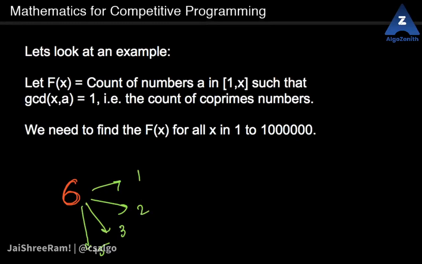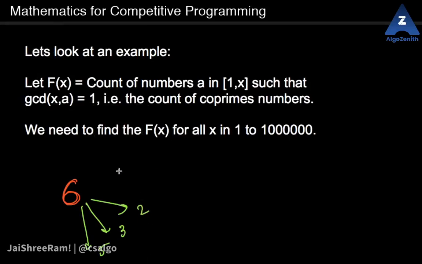If you take any one of them, it works fine. Also, we don't consider 1 for these numbers, so we would be skipping 1, because the GCD would trivially be 1, so we would be counting just these 3.